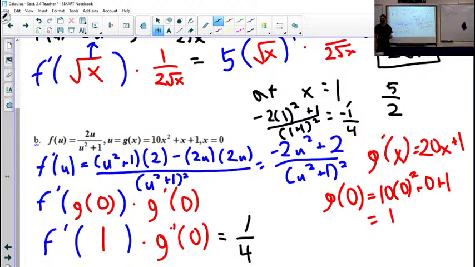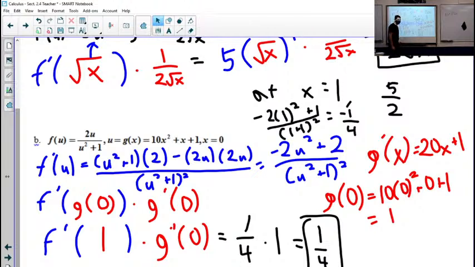Good so far? Then times g prime of 0. Well, g prime of 0 is going to be 0 plus 1, which is 1. So 1/4. Questions on that?